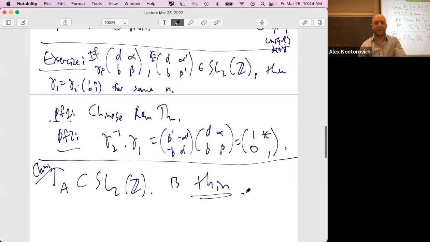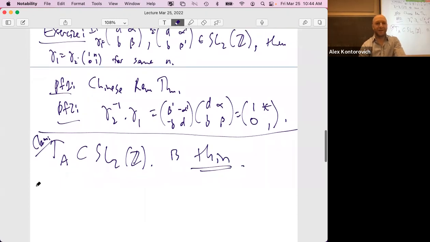So what do I mean by thin? Let me give you the definition that appears. There are lots of versions of this for groups. The word thin is horribly abused, and it's a shame, because it's a really good word for this. It's a shame that other people used it before us for different reasons.